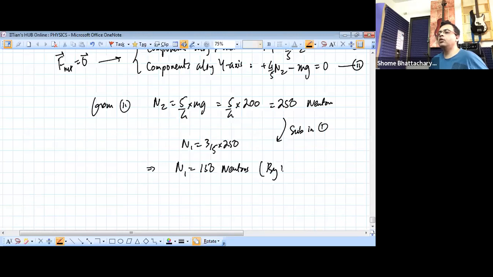This is by the wall, and the inclined plane is applying 250 newtons. By the inclined plane. Okay. And the directions are as shown in the diagram already.